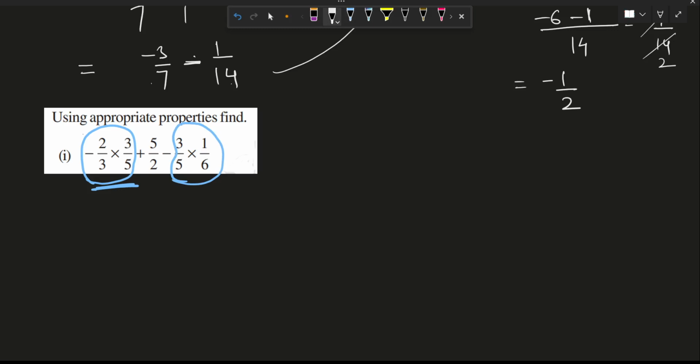Don't change the sign. Whatever sign is there in front of them, you have to take them as it is. So I'll write minus 2 by 3 as it is into 3 by 5. Then it was minus 3 by 5 into 1 by 6. Please do not interchange the sign. And then 5 by 2 I will take back. The single term I took back here.